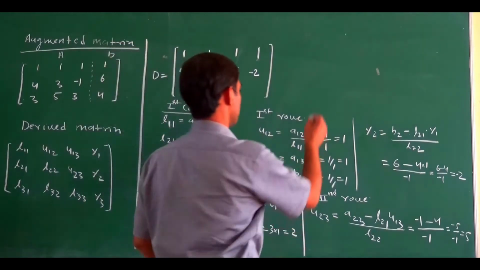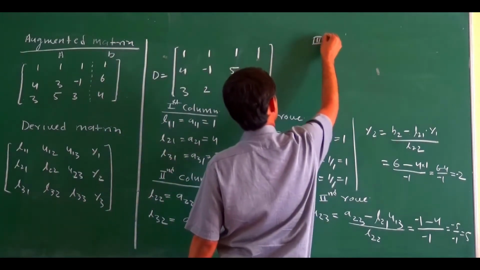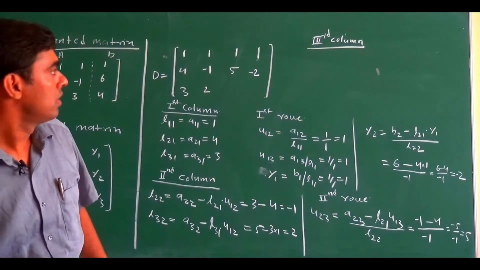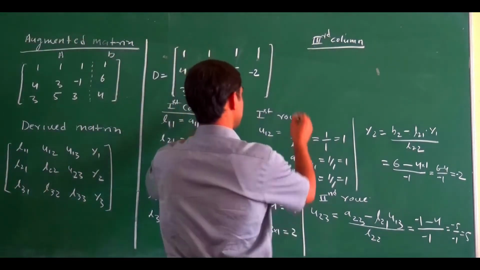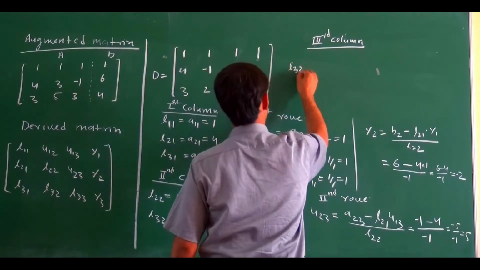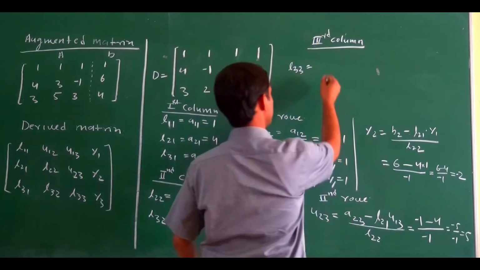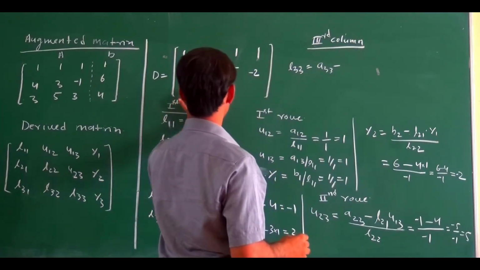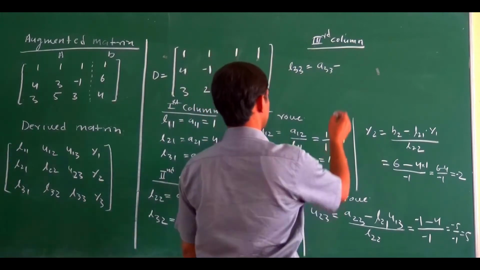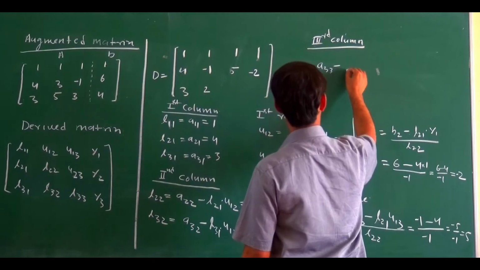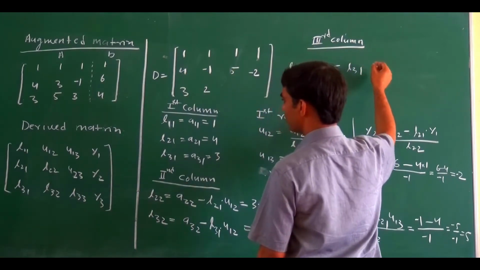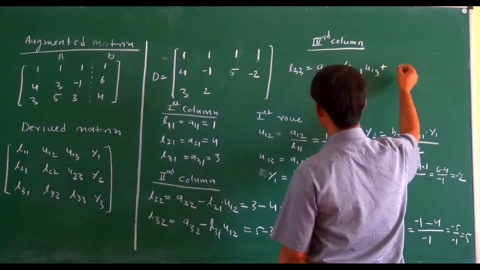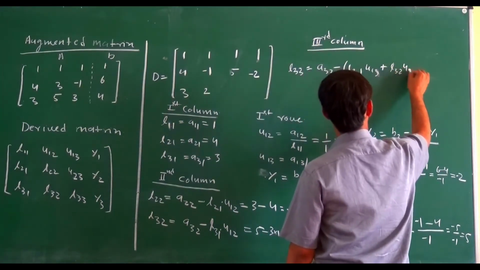Now the value of the third column. How do we find the value of the third column? Third column means the value of L33. L33 equals the element at the corresponding position, A33, minus the inner products: L31 into U13 plus L32 into U23.